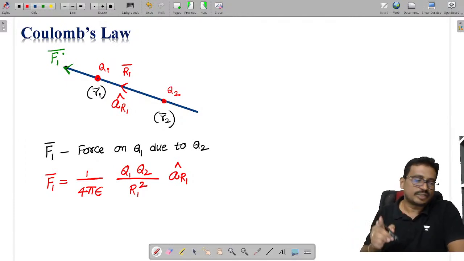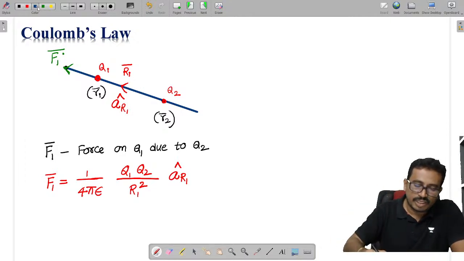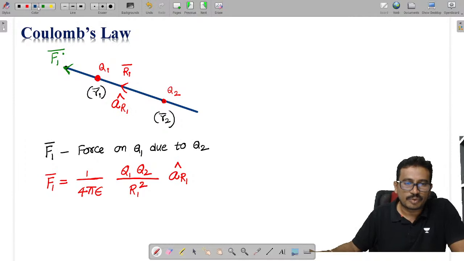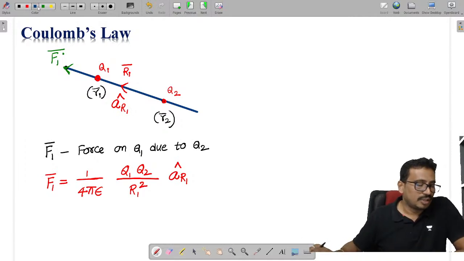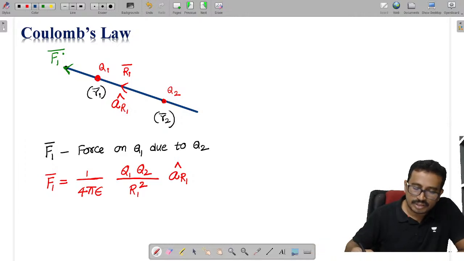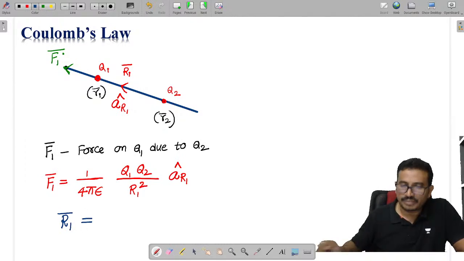Wherever you want to find the force, that point is the final point. I want to find the force on Q1, so Q1 must be the final point, and distance means final point minus initial point.